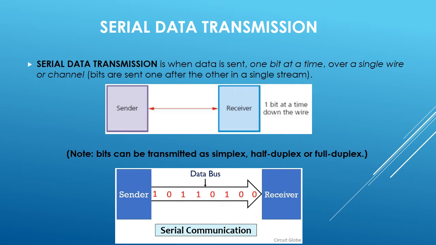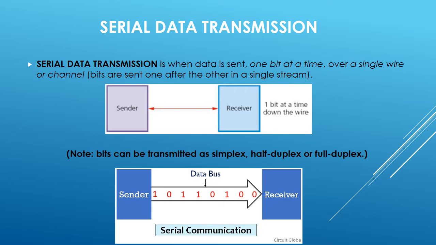So there is a sender and a receiver, and they both can send and receive data from each other. You need to note here that bits can be transmitted as simplex, half duplex, or full duplex. It means that the transmission can be in one direction, partially in two directions, or fully bidirectional.